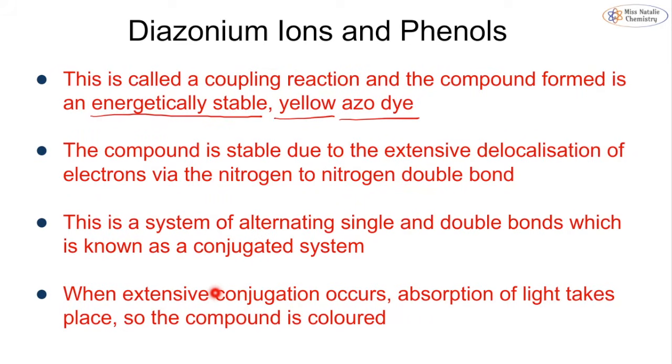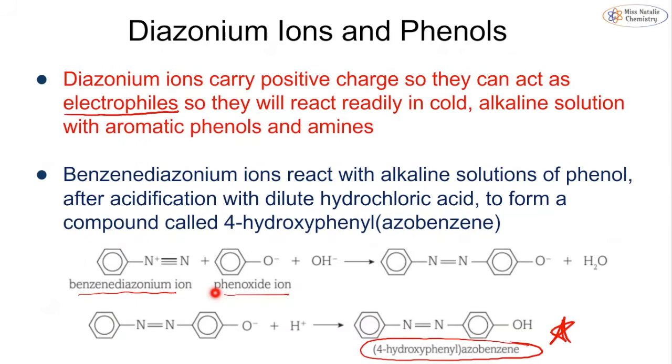The reason that it is extremely stable is due to the extensive delocalization of the electrons, and the delocalization occurs because we get an alternating system all the way through the benzene ring, the nitrogen double bond, back to the benzene ring. We get an alternating system of single and double bonds. And this alternating system is known as a conjugated system.